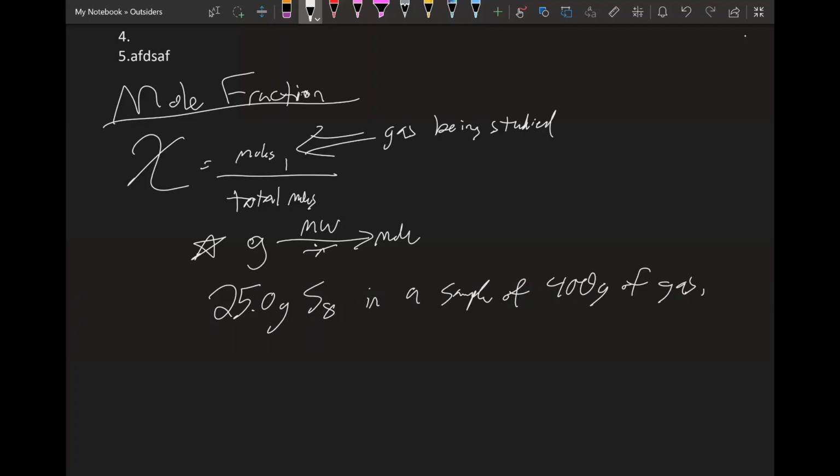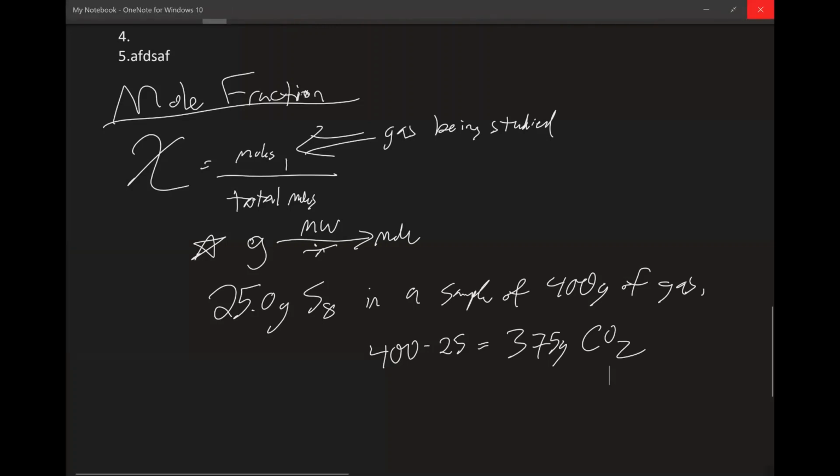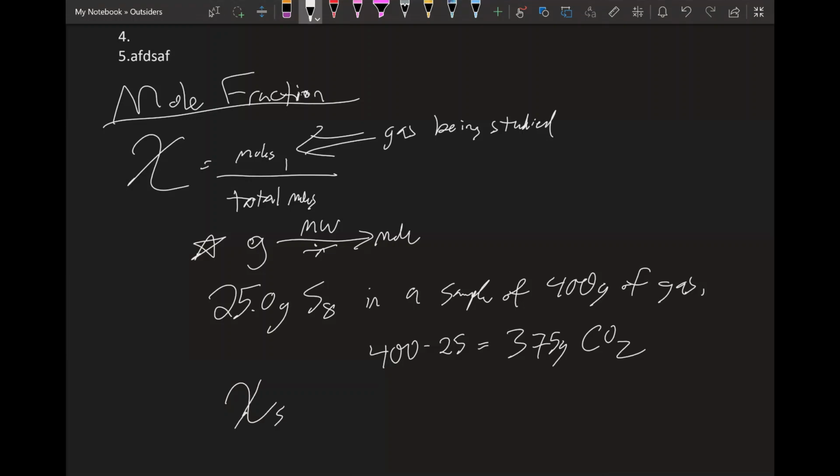So if we have 25 grams of sulfur gas, and 400 minus the 25 gives me 375 grams of the other gas, and the other gas is going to be composed of CO2. All right. So what is the mole fraction of sulfur? What is that equal to?